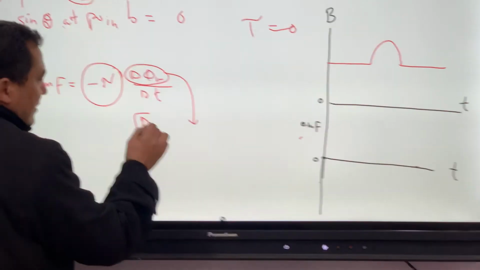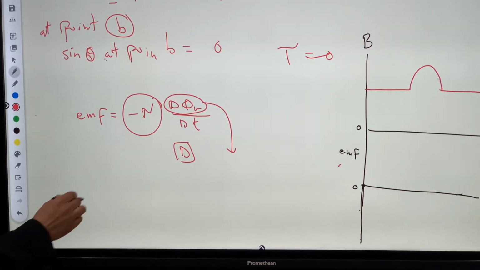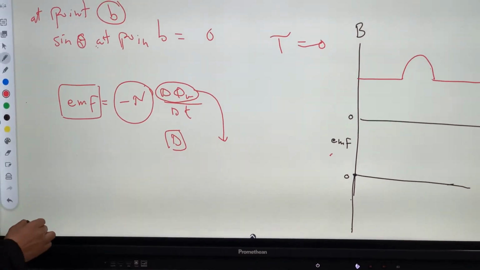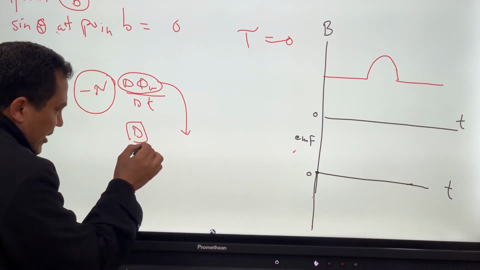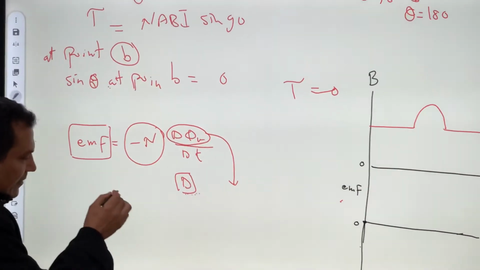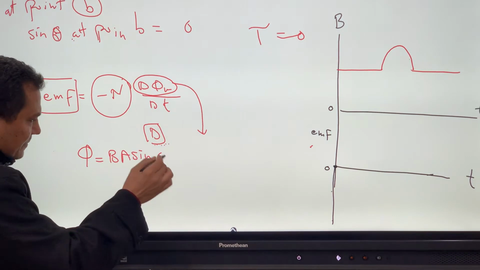Delta expresses the rate of change. To make electromotive force, you must have a rate of change. We have phi equal BA sine theta.